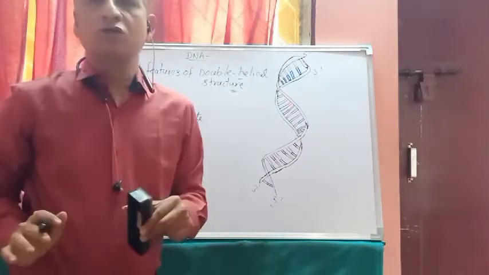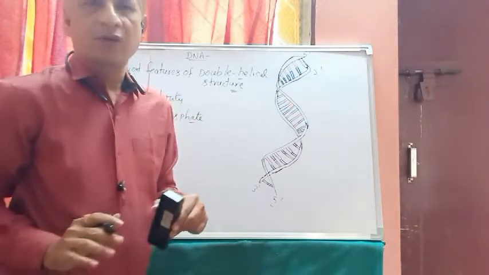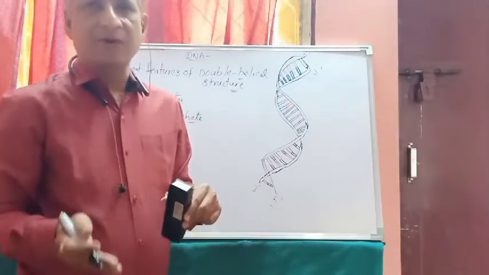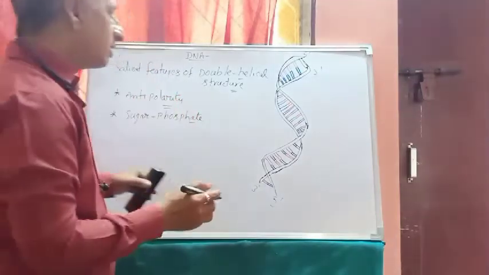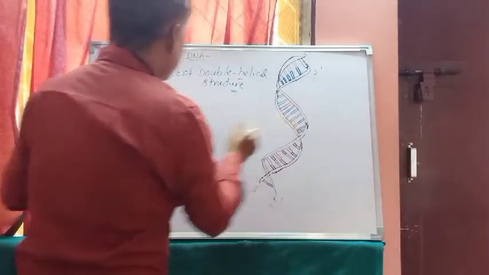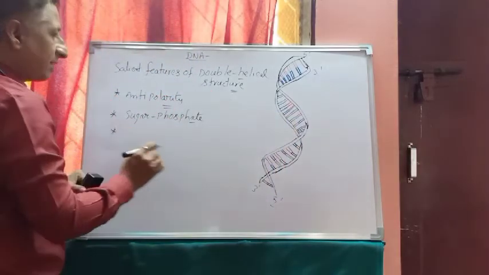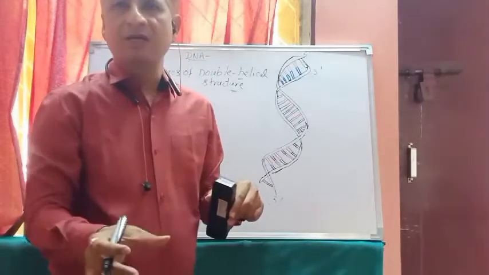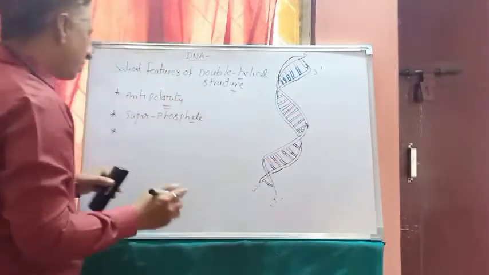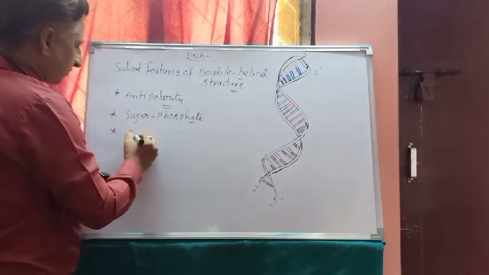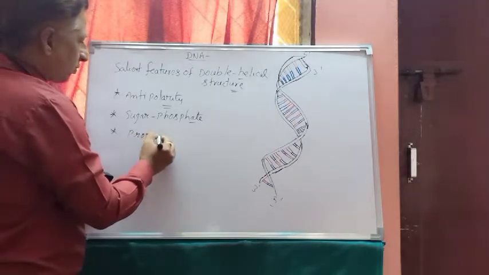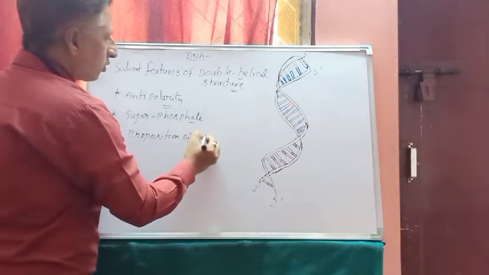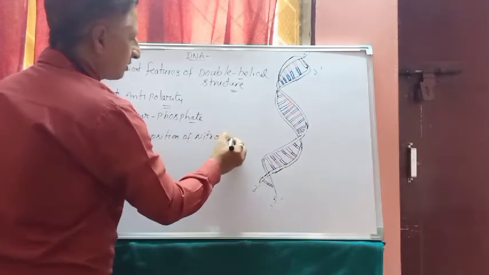Backbones are sugars and phosphate, okay, with N-glycosidic bonds and ester bonds on two sides. So next, they stay in the same position without changes in the distance and everything, because of the proportion of nitrogen bases.